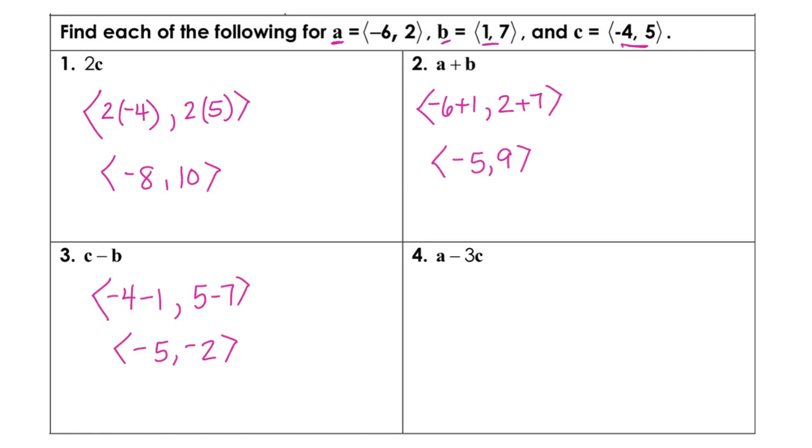You've got vector a minus 3 times vector c. So for vector a, we're going to have negative 6 minus 3 times c, which is negative 4, and then we're going to have 2 minus 3 times 5. And so our resultant here should be 6, and then negative 13.